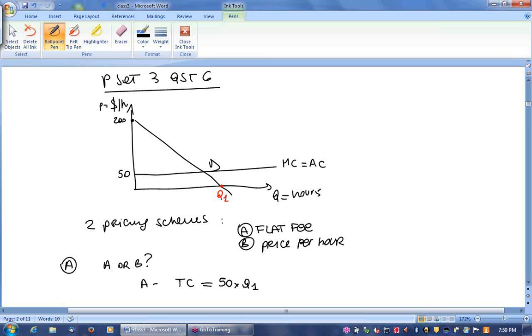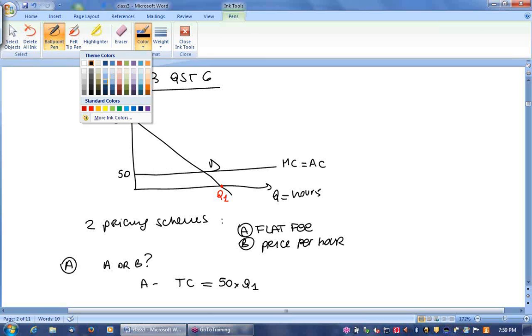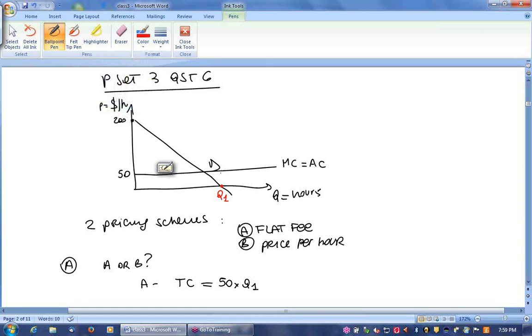And the area corresponding to this cost is this one.